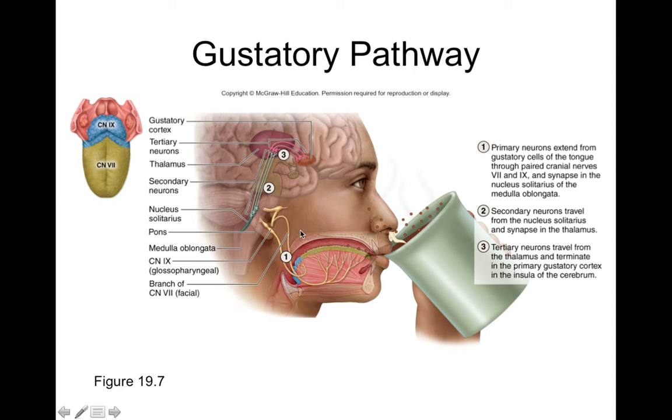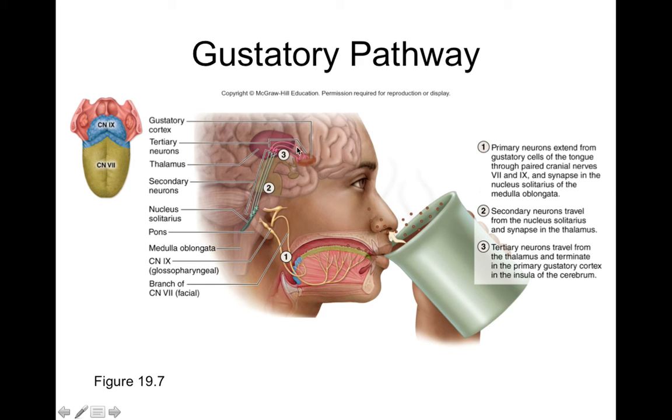So what that means is that if someone loses their sensation of taste, it doesn't always indicate brain damage. It could indicate problems with the tongue itself or taste buds. It could indicate problems with propagation of action potentials back to the brain, but loss of sensation of taste can indicate brain damage through damage of these pathways that involve things like your brainstem, your thalamus, and the gustatory cortex of your insula.